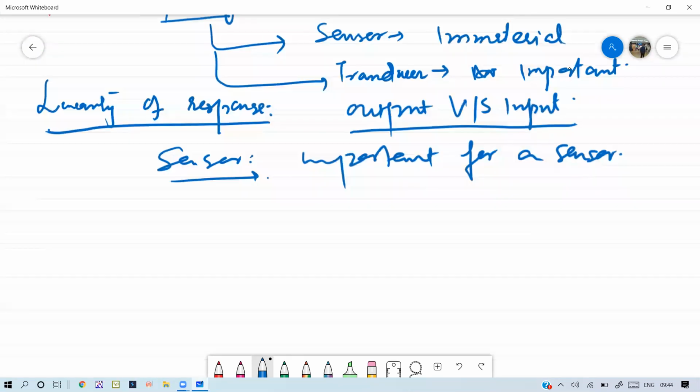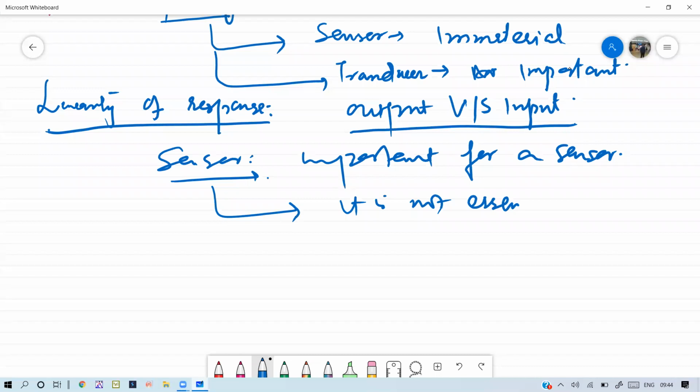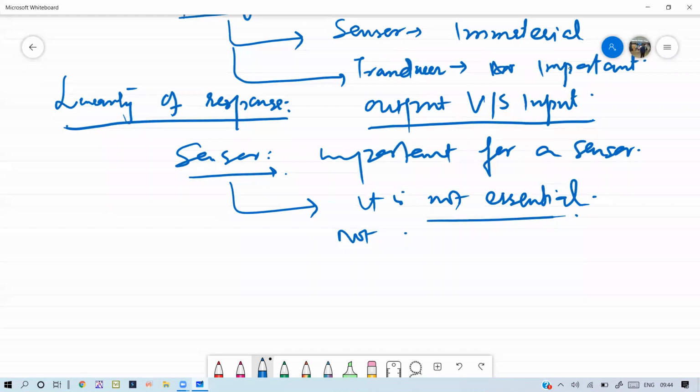Remember that when we plot output versus input, we should know the quantities and what their units are. So it is important for a sensor, but for a transducer it is not essential, not of much significance.